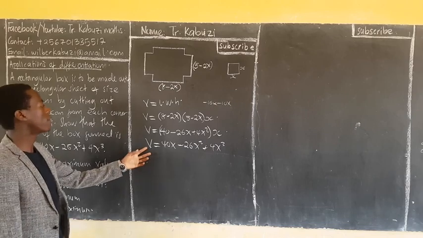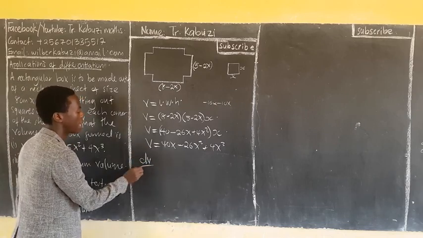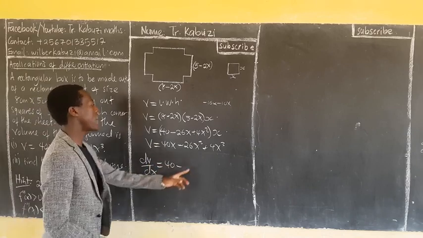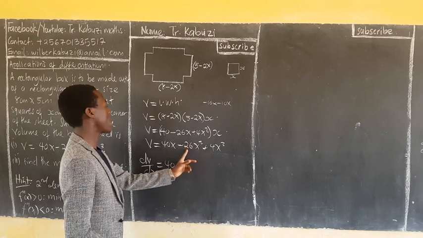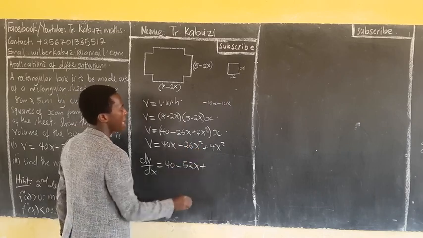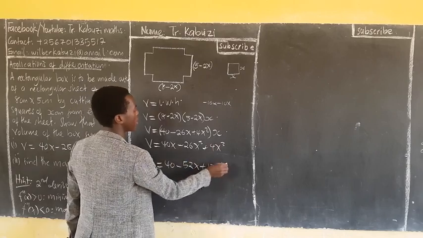So for the maximum volume, of course, we have to differentiate first of all. So differentiating, this will be 40 minus, if I multiply this, I'll be having 52x, then plus, when I multiply here, I'll be having 12x squared.